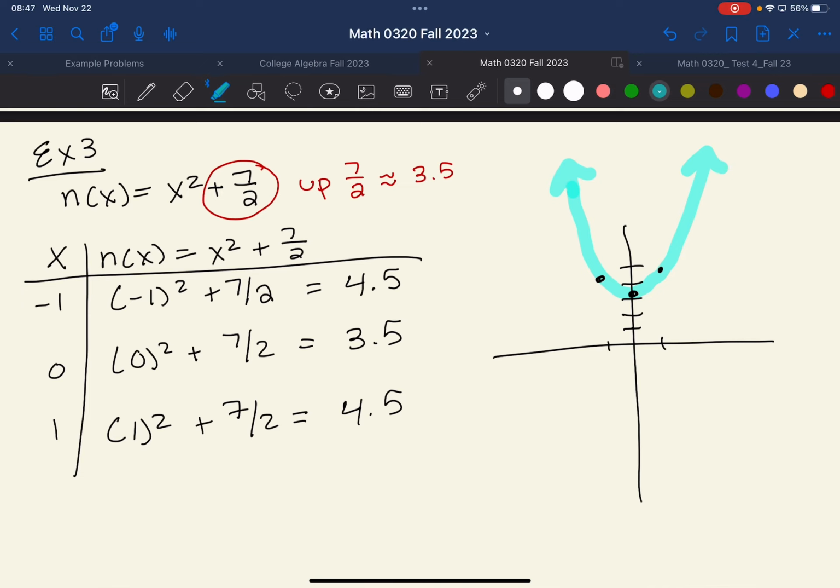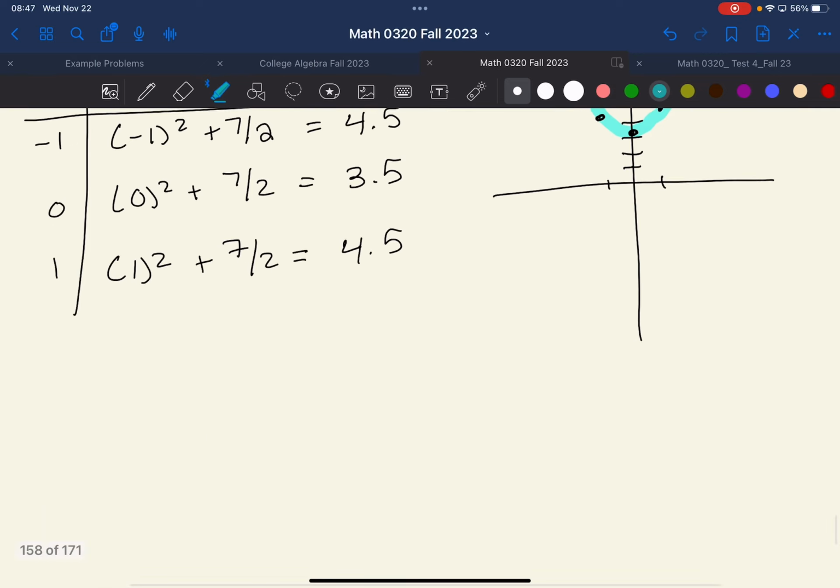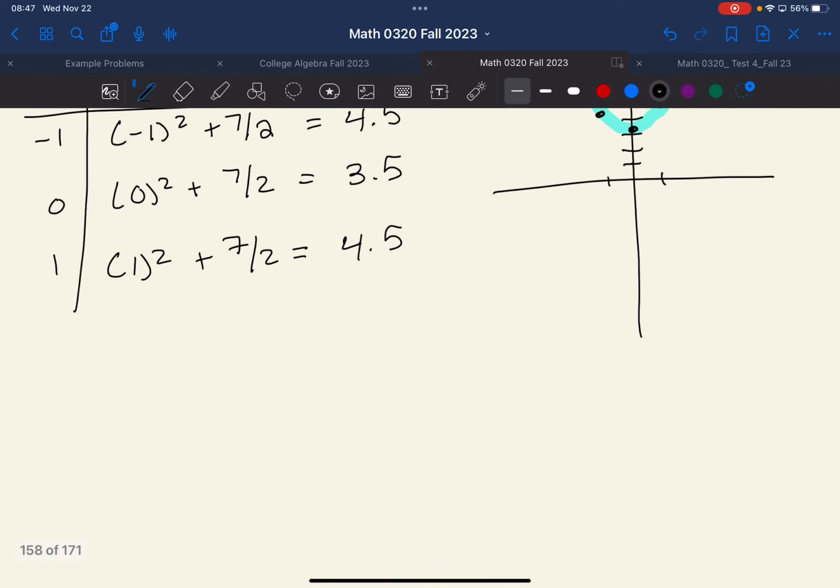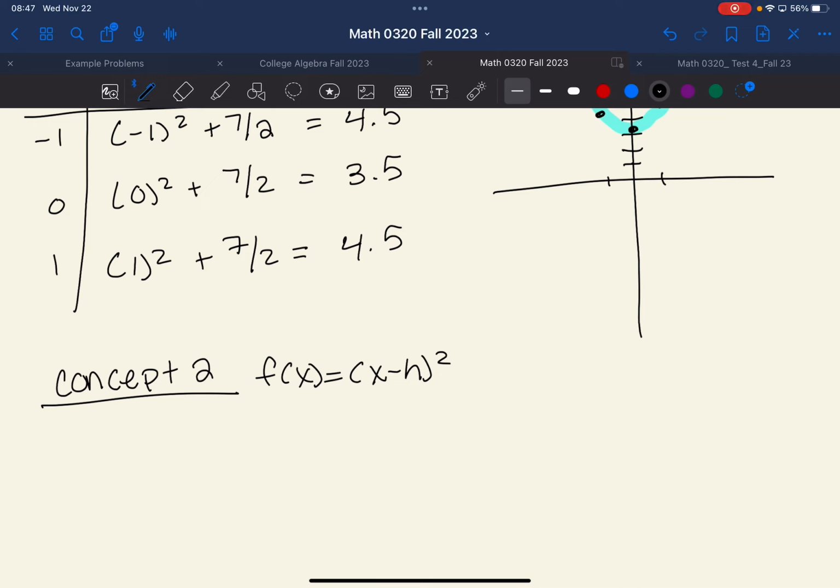So for concept 2, we have the function f of x is equal to x minus h squared. So if the first function moved our graph up and down, what do you think this function is going to do?